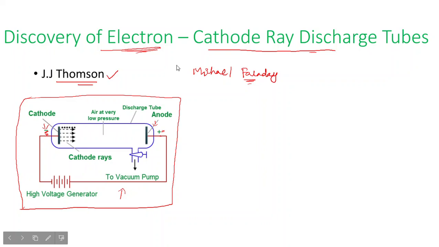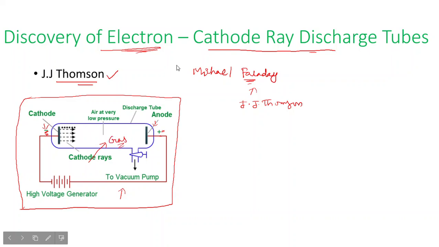And using these results from Michael Faraday, J.J. Thomson further conducted some more scientific experiments to finally discover the electron. So what did he do? He took some gas in this cathode ray tube, some gas, we don't know what it is.